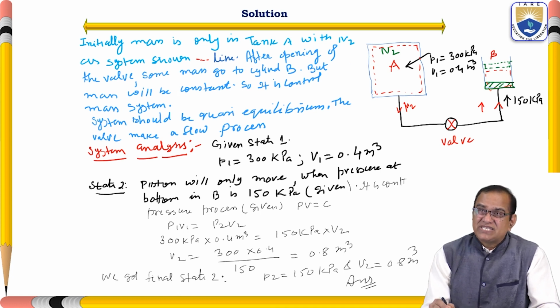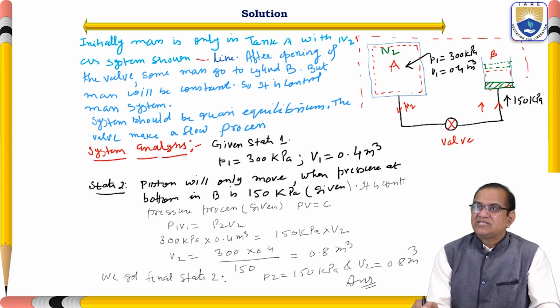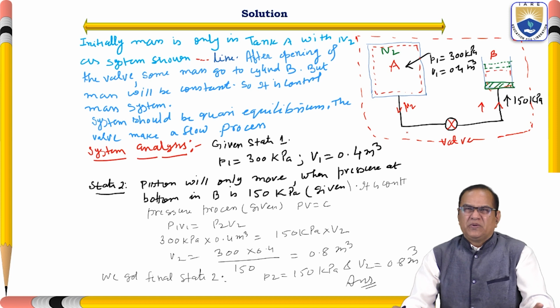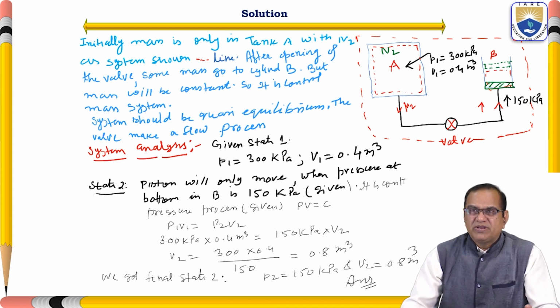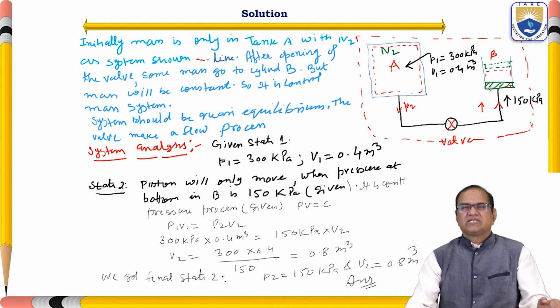The sum of A and B will be constant. So the total system you can add like this. This is your total system, and it should be in quasi-equilibrium. The valve makes a flow process. So here we will have the flow process.